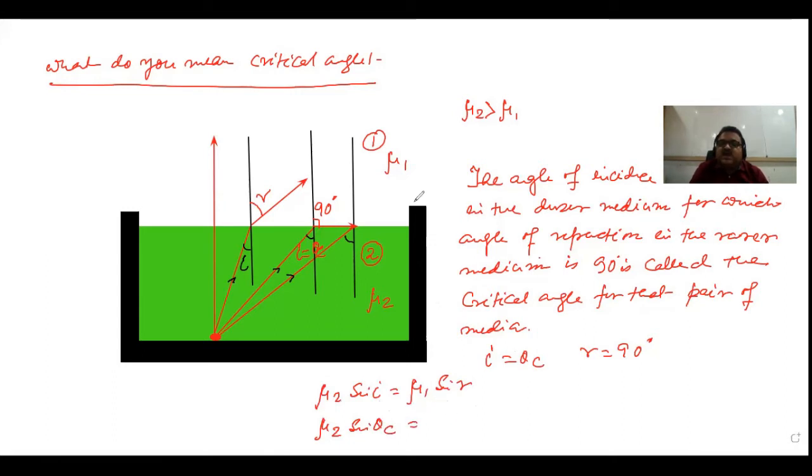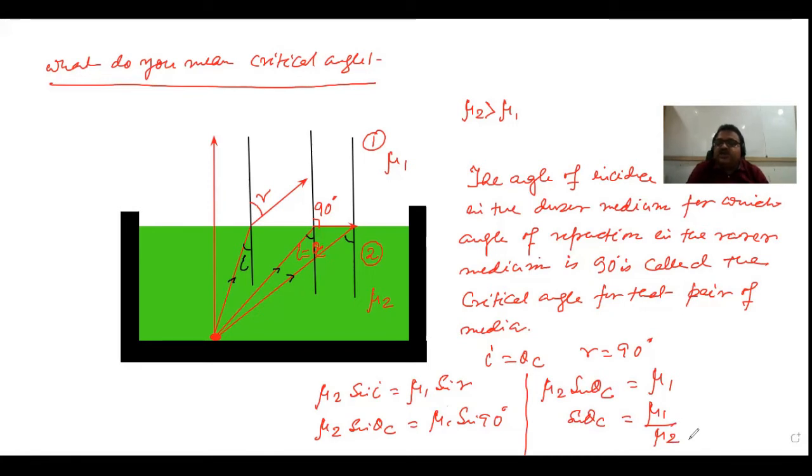Mu1 is this. Sin R is sin 90. Clear? So we can write, mu2 sine theta c is equal to mu1 sine 90. Therefore, sine theta c is equal to mu1 by mu2.